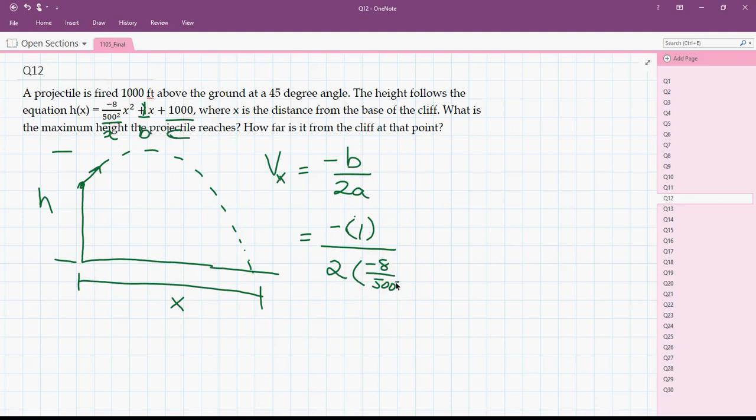And the square is just in the bottom. If you're dividing by a fraction, that's the same thing as multiplying by the reciprocal. So our answer would be 500 squared divided by 16.